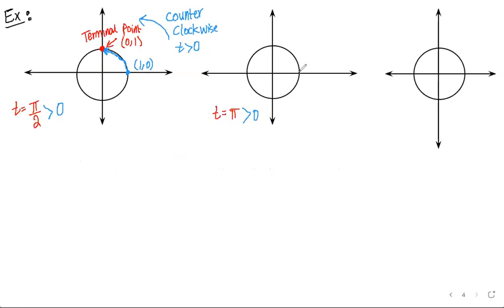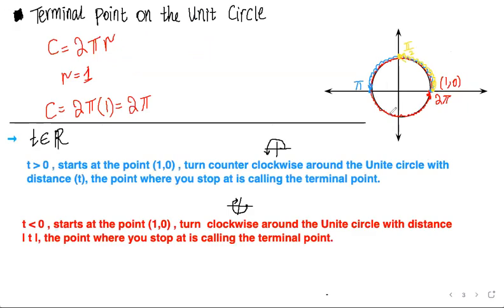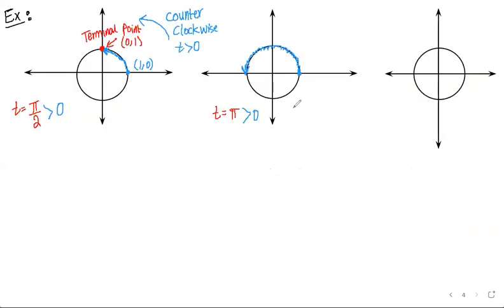Starting from this point, turn around the circle, and pi stops up to here. This is the distance pi. How do we know? By this circle: the whole circle is 2 pi, and half of the circle is pi. So I stop up to here.